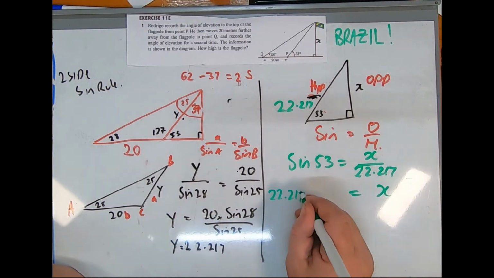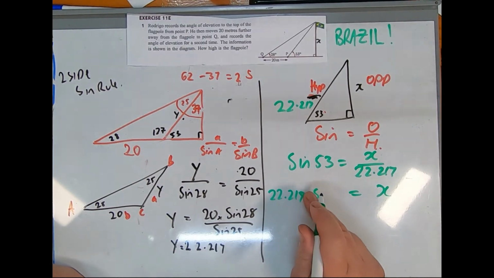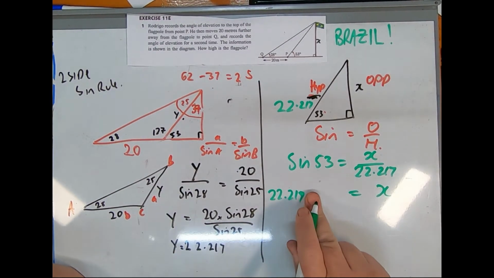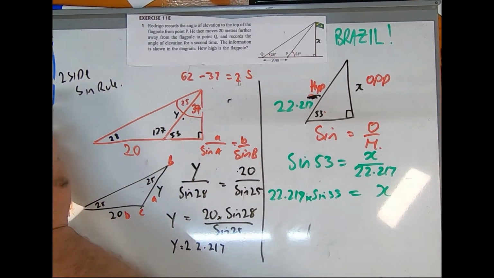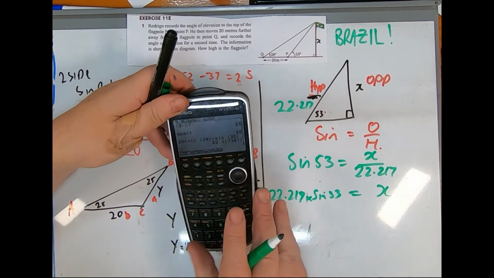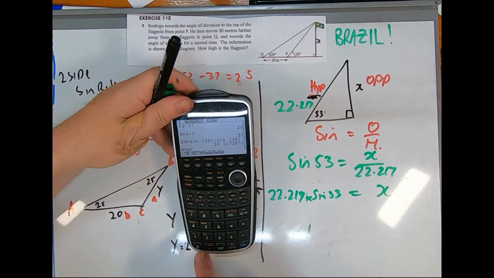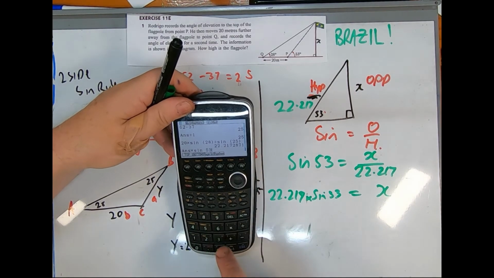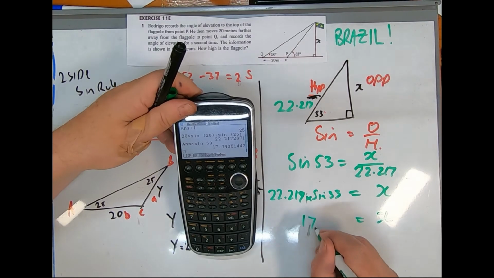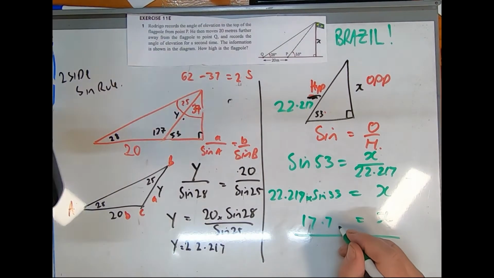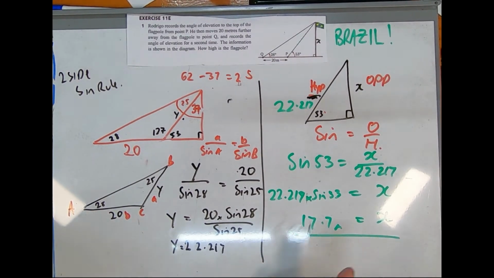I still have that number in the calculator, so I shift answer times sin 53. I get a number of 17.7 metres. Flagpole, 17.7 metres. Pretty tall for a flagpole.